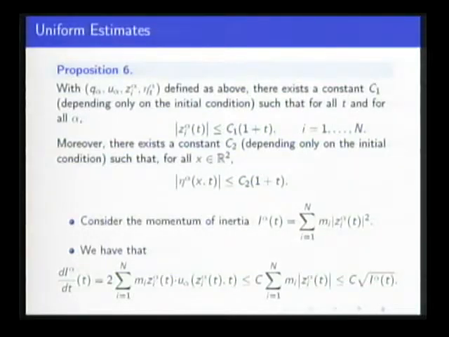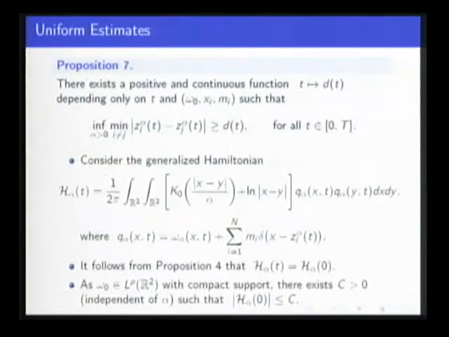In order to do this, we need the symmetric properties of K alpha. We'll need the fact that our U alpha is uniformly bounded, and also we'll need our sign assumptions on the intensities. And we obtain this control on the support of the trajectories.